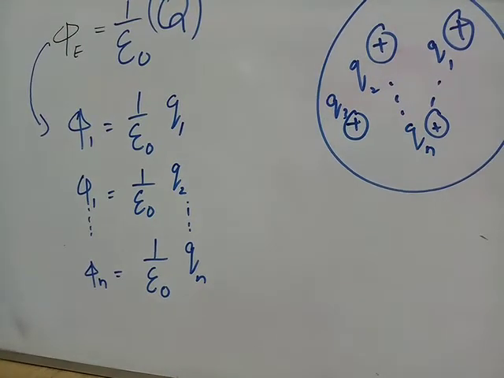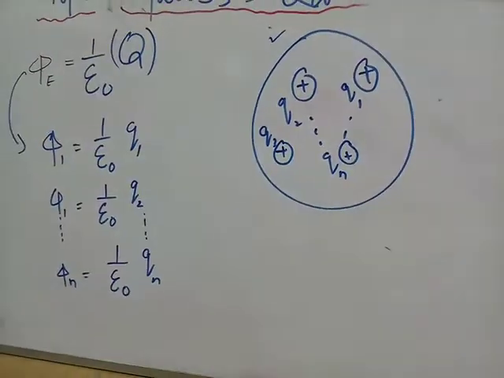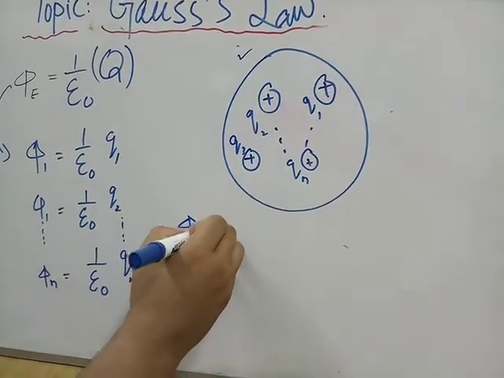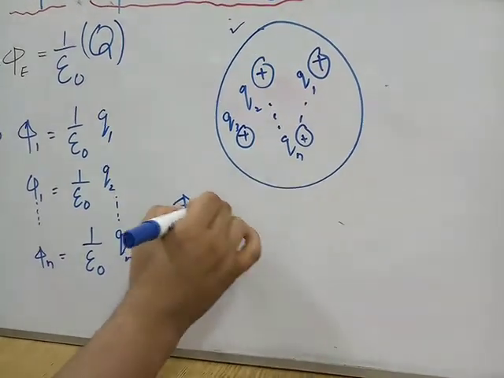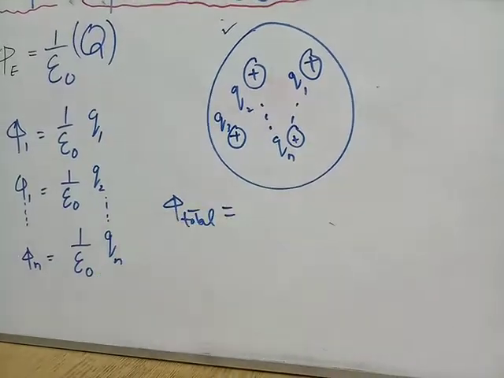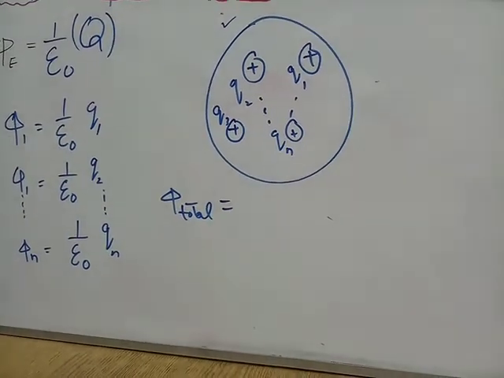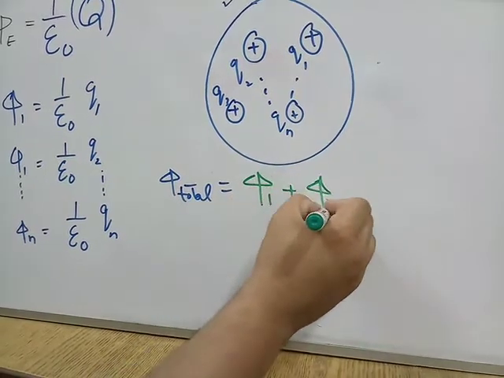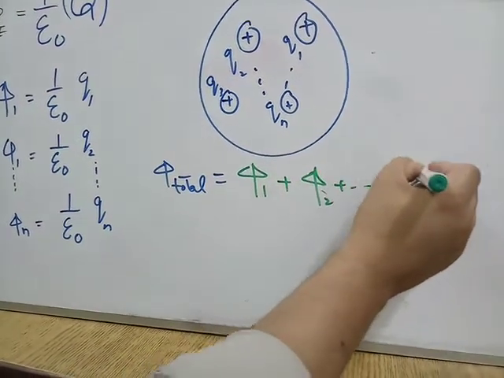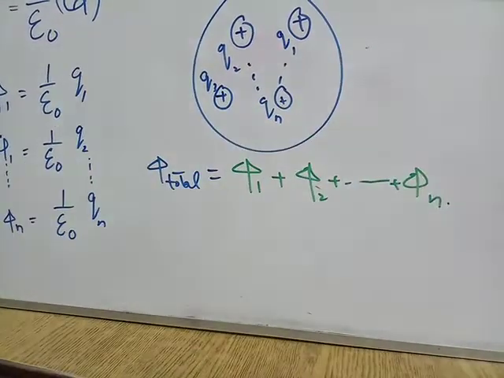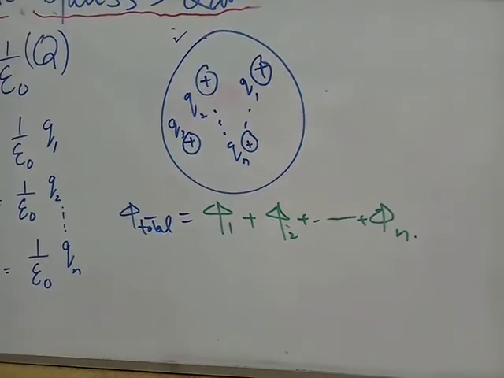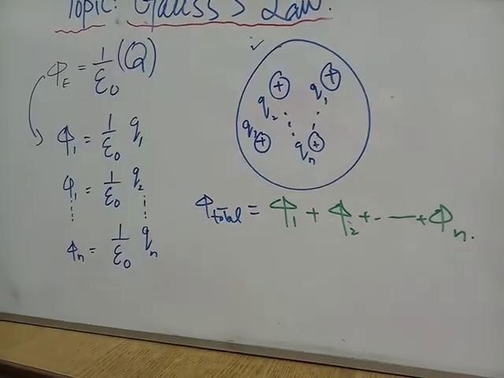So the total flux for this closed surface is equal to the sum of all the individual fluxes, that is phi 1 plus phi 2 plus so on, up to the nth flux.